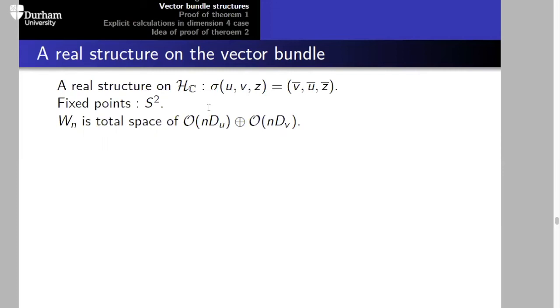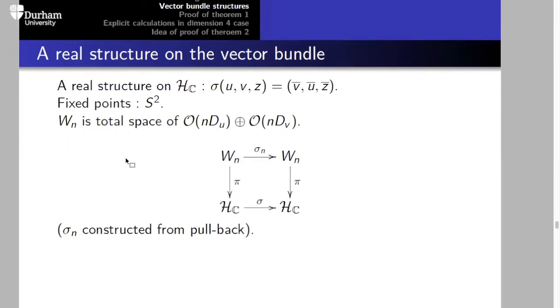So the pullback of sigma is going to exchange these two line bundles. And in that way, I can define a real structure on the total spaces, sigma n, which just comes from this pullback construction. I just look at each point what happens to these two line bundles. It's going to switch the two. That's my sigma n.